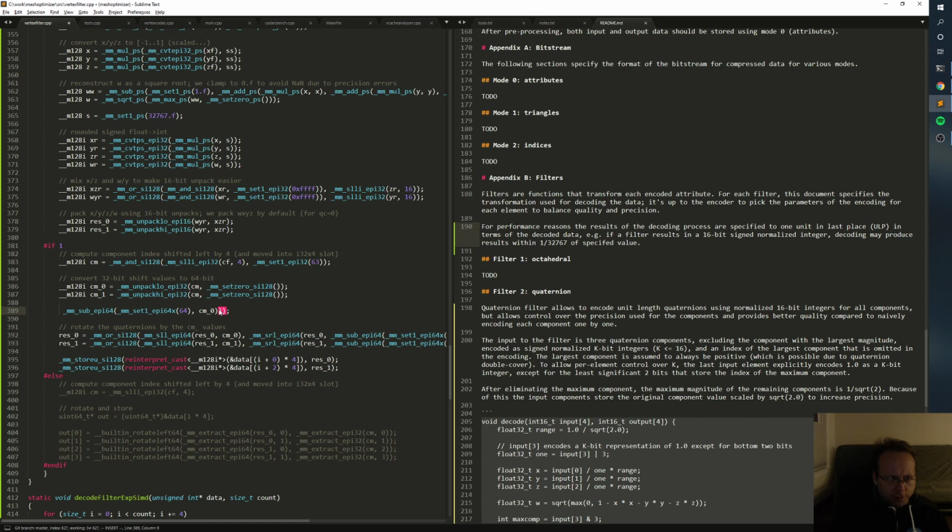So you shift it left by like 16 or whatever, and then you shift it right by 48, and then you OR the results, and then you get what you wanted. Why does this not work? This is confusing.